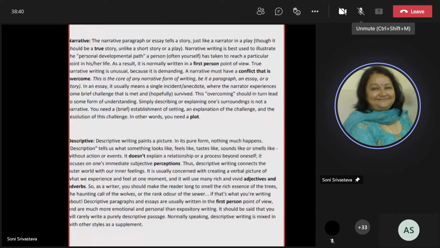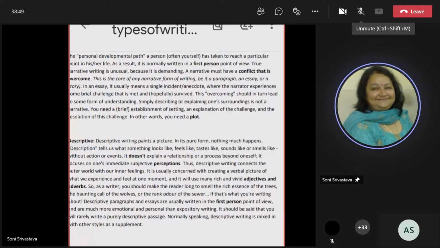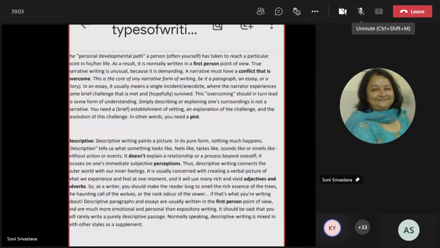Anybody who wants to elaborate on that? Kanak, what about you, beta? What is a memoir? Ma'am, I don't know the exact meaning, but I once heard that Steve Jobs' daughter wrote a memoir for her father years after his death.